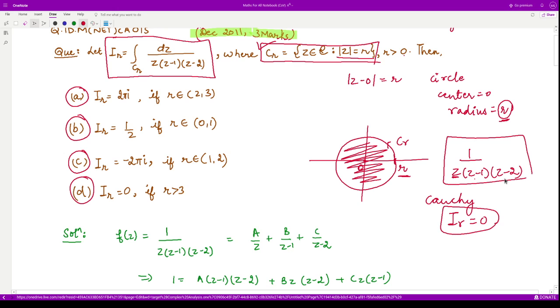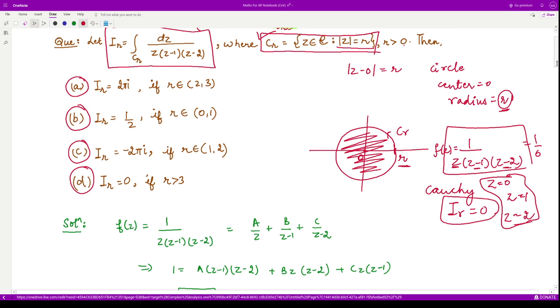They are 0, 1 and 2, because if you substitute Z is equal to 0, you'll get this function as infinite. Similarly, when you substitute Z is equal to 1, you'll have 1 upon 0, which is not defined. And when you have Z is equal to 2, the same problem is there. So we have 3 points where we cannot say the function is analytic.